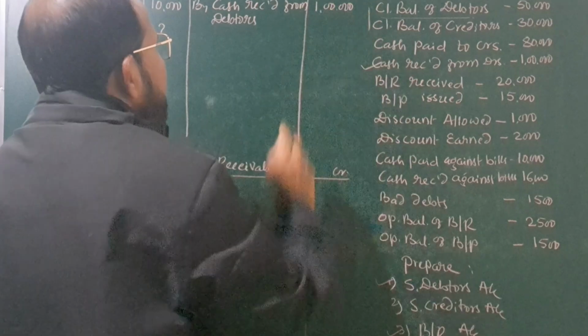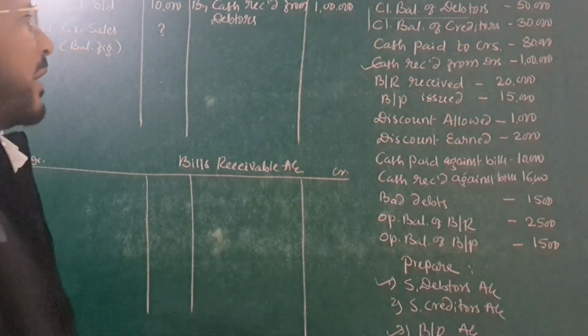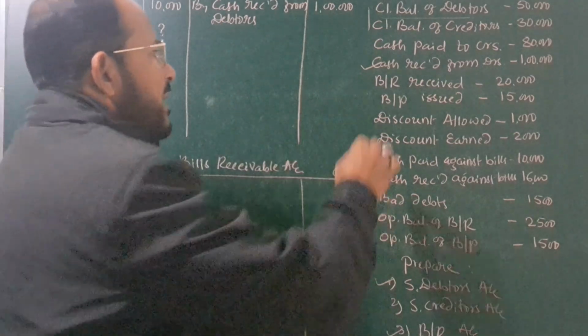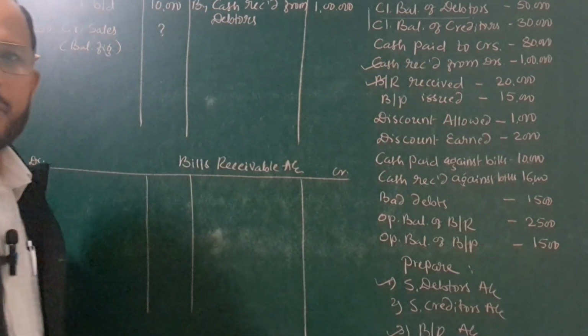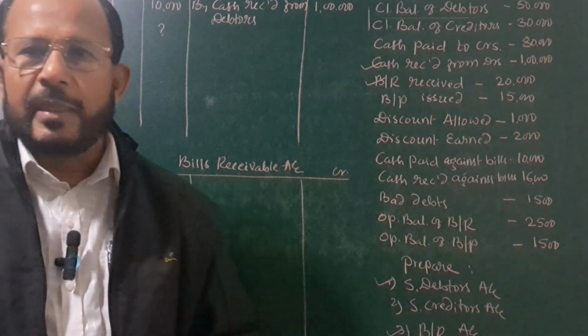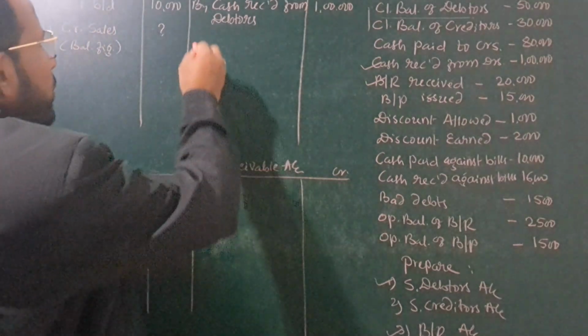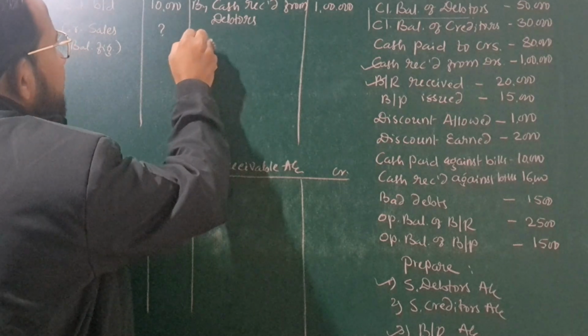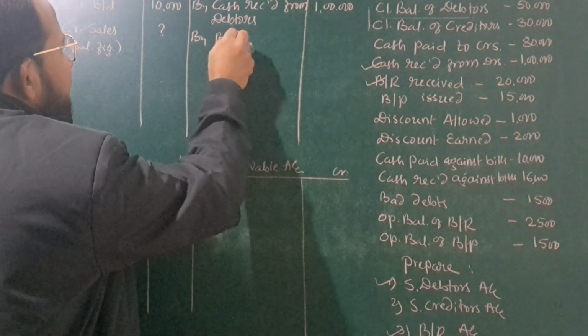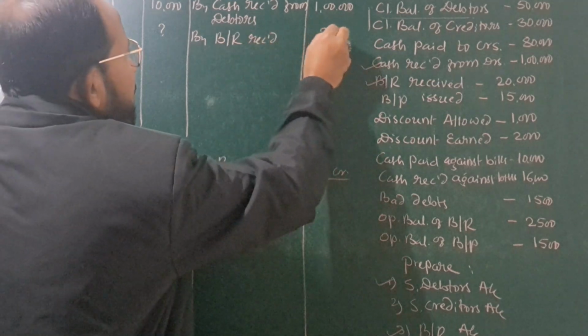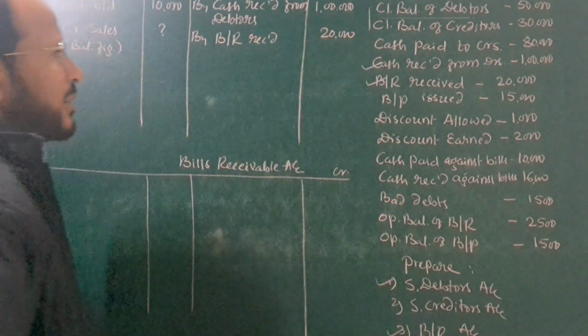Rupees 1 lakh. 1 lakh we have already collected, in the form of cash. Next one is bills receivable received, also given in the problem, rupees 20,000. In the form of bills, we have received rupees 20,000. By bills receivable received, rupees 20,000, bills receivable account.